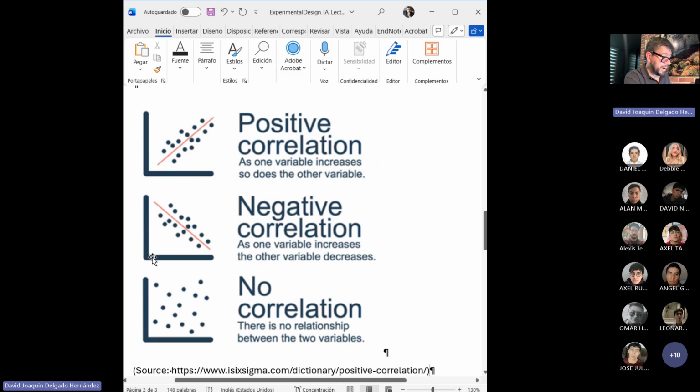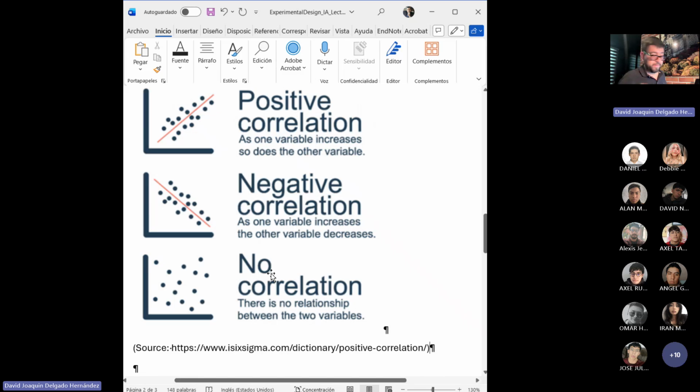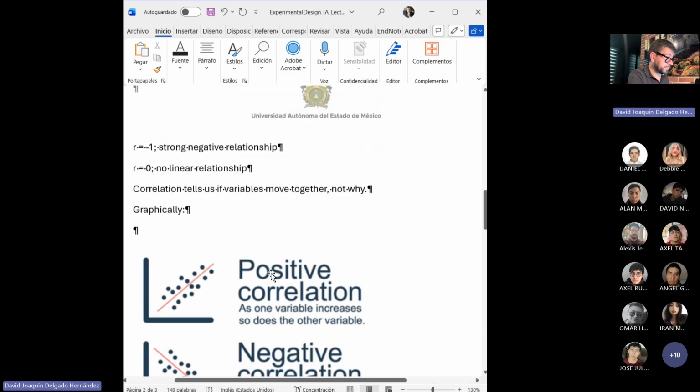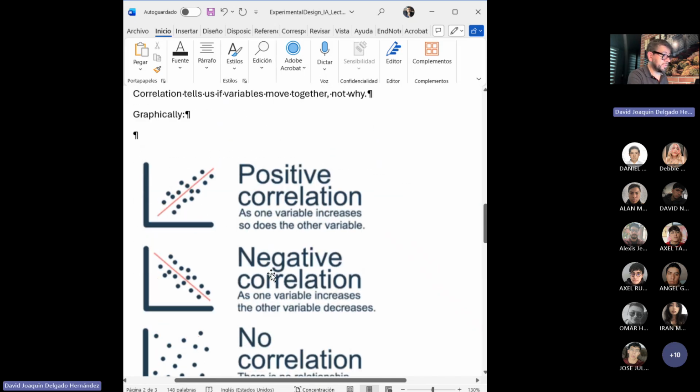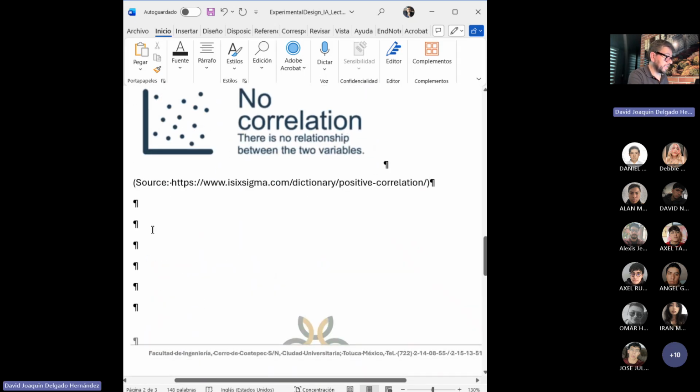When one variable increases, the other variable decreases. And what happens with zero value? Well, there is no correlation. That means that there is no relationship between the two variables, right? They are not related at all. Okay? So this is the graphical explanation of this concept.